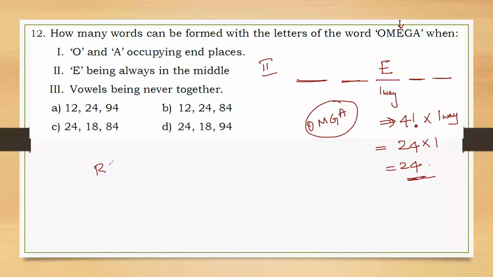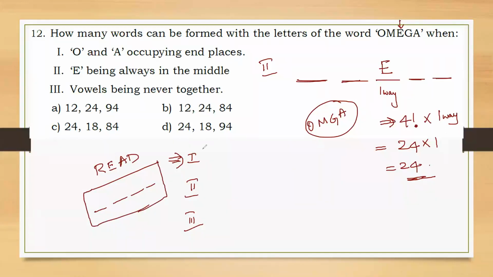Take the word read. Vowels always together. So what is the condition? We have 3 cases. The first one is no conditions. You can arrange any without restriction, 4 letters in 4 different places.